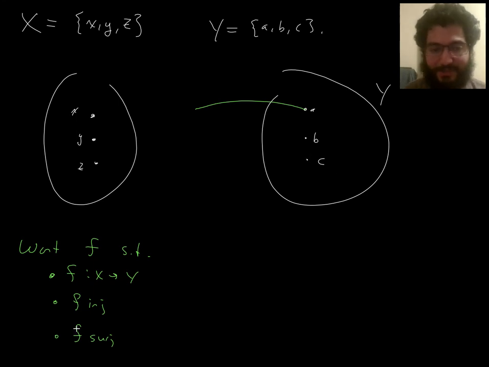So you see how injectivity and surjectivity say dual kinds of things, related but opposite, about the things in Y. Injectivity says each dot back over here has at most one line leading up to it. And surjectivity says each dot here has at least one line.